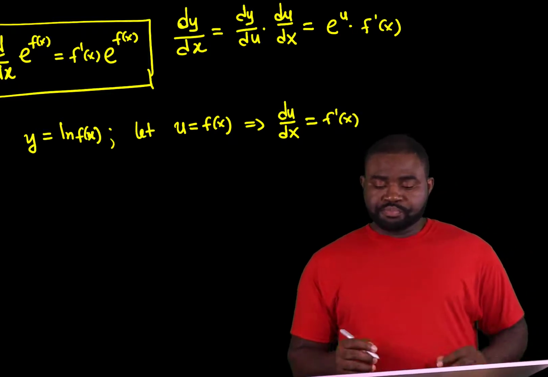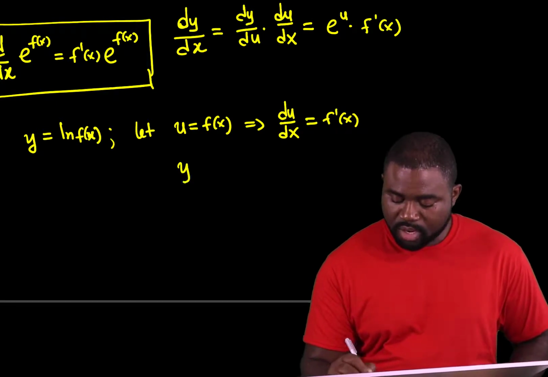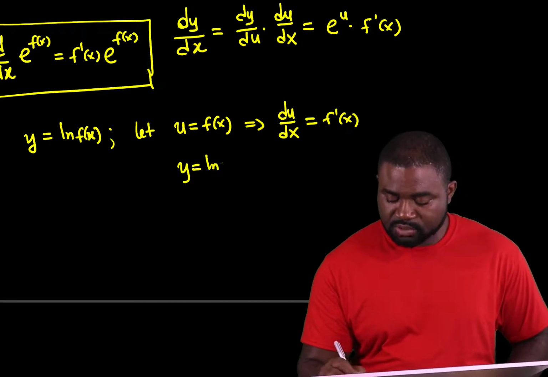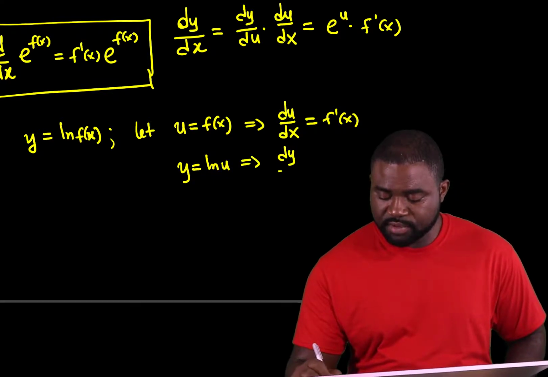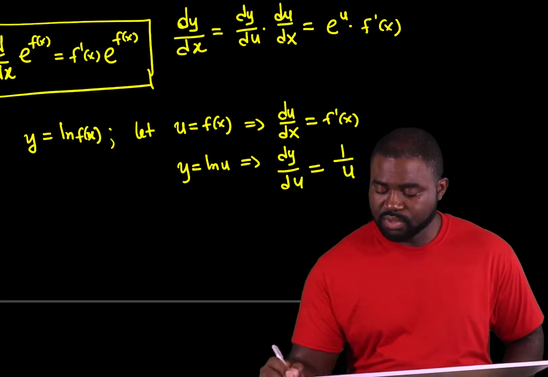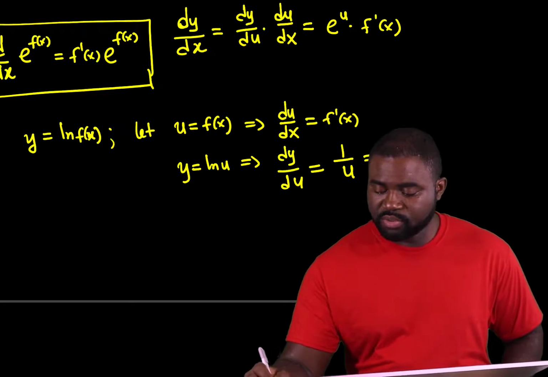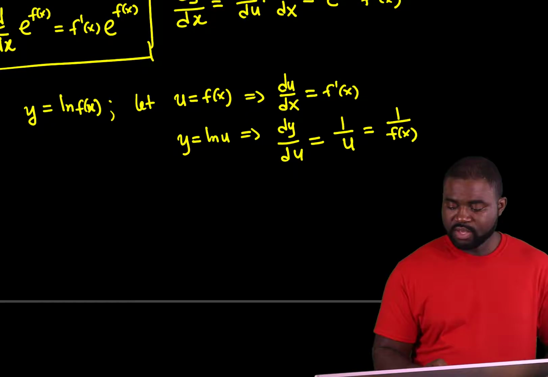Now, y will be equal to the natural log of u, which means that dy du will be equal to 1 over u. This is just going to be equal to 1 over f of x.